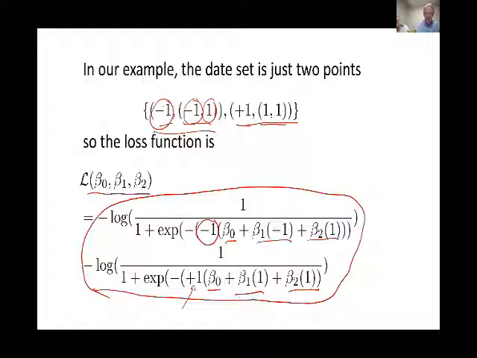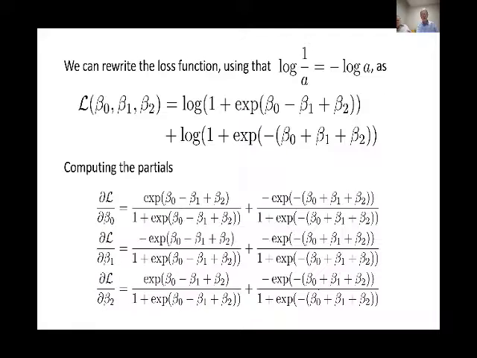And so what are we trying to do? We're trying to minimize this. We're trying to find beta 0, beta 1, and beta 2 that minimize this. And that means we're trying to find where the gradient is 0, where the partial derivatives are 0. We can rewrite this a little bit, and I'm not going to do all the computations here, but using the well-known fact that the log of 1 over a is minus log of a, we can rewrite it like this, and then take partial derivatives with respect to beta 0, beta 1, and beta 2.